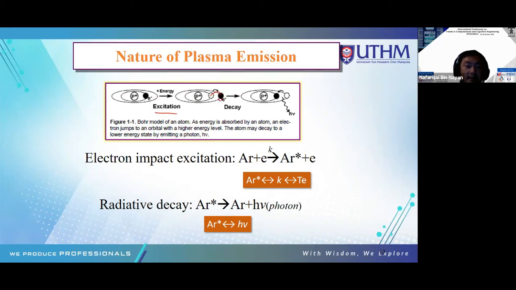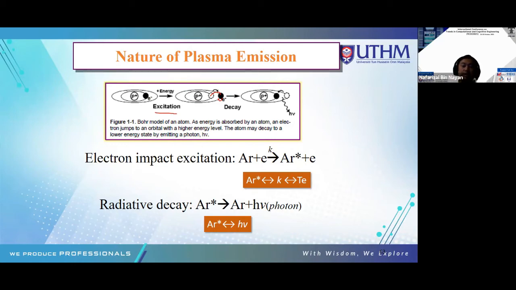When it jumps to another orbit, that orbit does not belong to it, so it becomes very unstable. It's like this is your home, and you jump to another person's home.